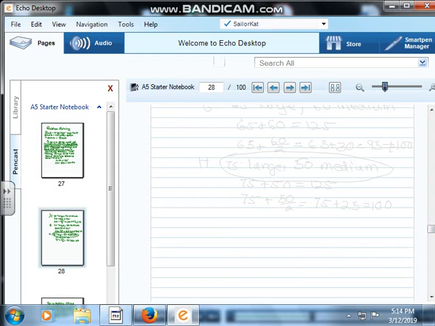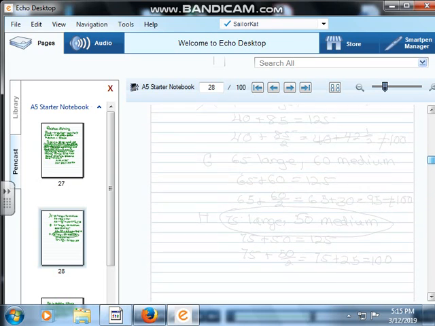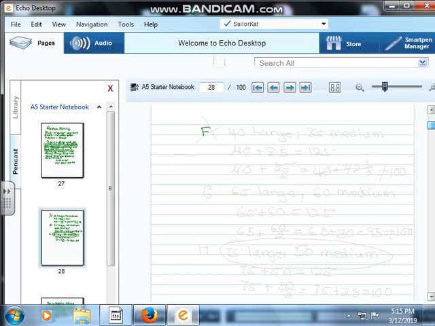With this problem, it's nice because I'm given options. For example, option F says 40 large and 85 medium. So I do know that 40 plus 85 is equal to 125.